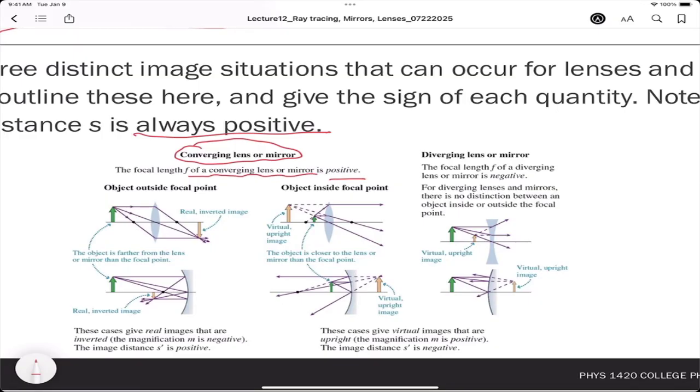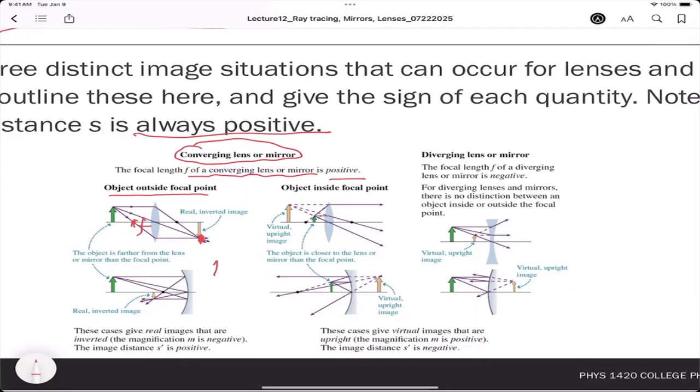If the object is outside the focal point, farther from the lens or mirror than the focal point, the image is real and inverted.